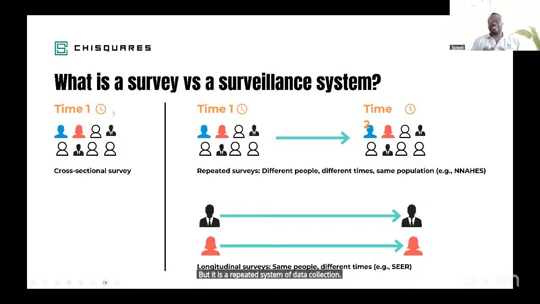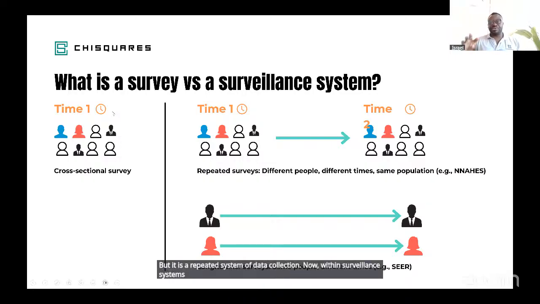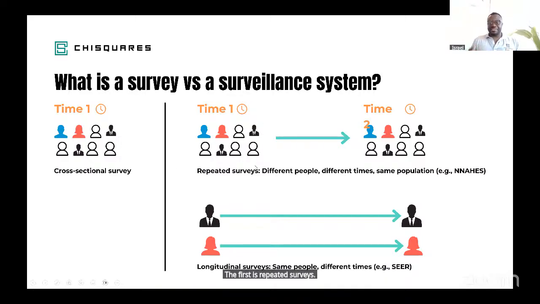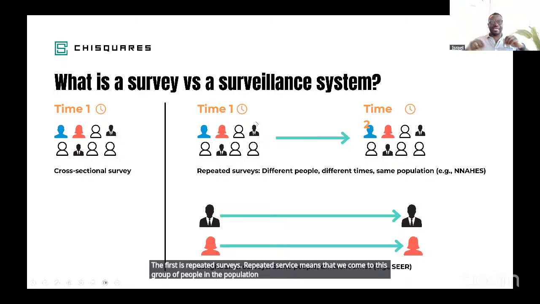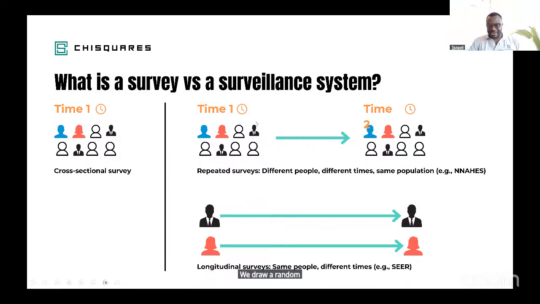Now, within surveillance systems, we also want to distinguish between two different types of data collection. The first is repeated surveys. Repeated surveys means that we come to this group of people in the population. Let's say we're doing a survey in Ghana. We draw a random sample of adults in Ghana in time 1. Next year we draw another random sample.